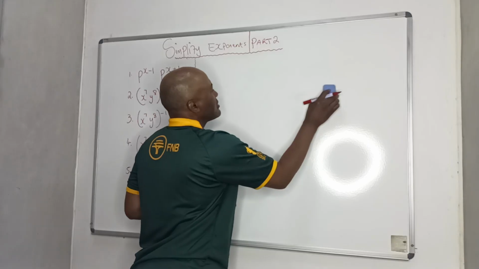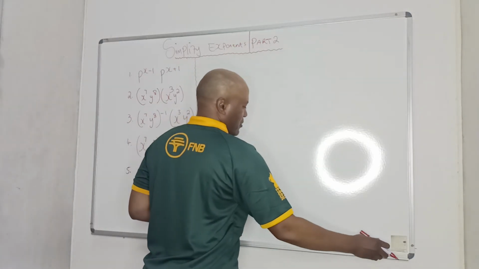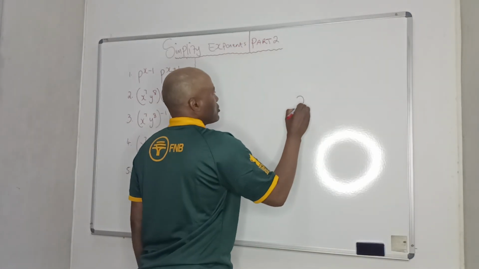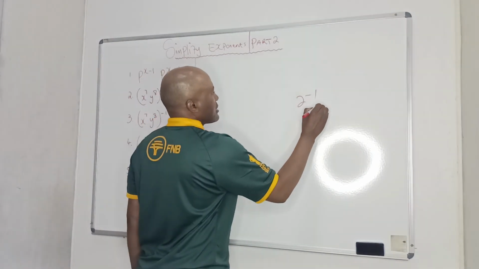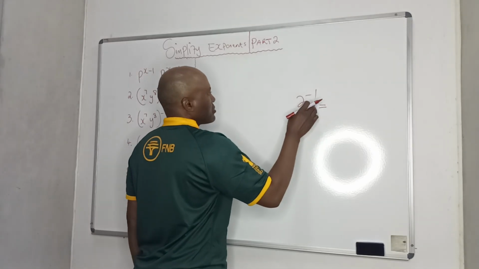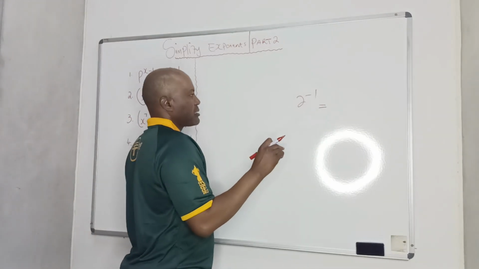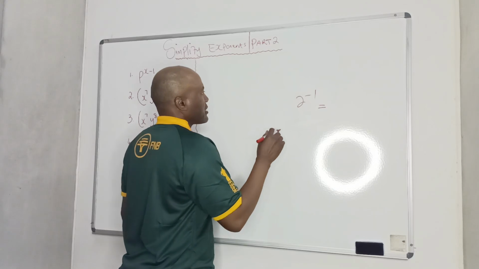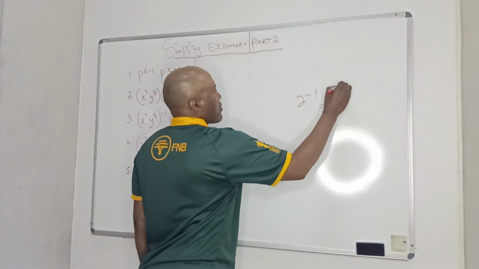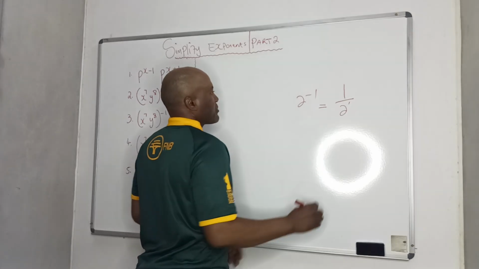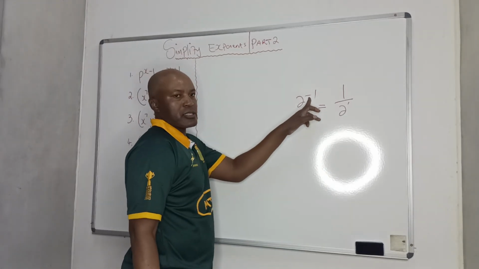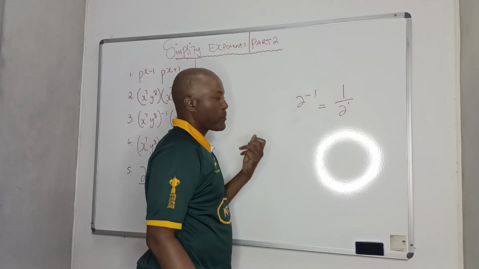And again, we've got the following. If you've got 2 raised to negative 1, if you want to write this with a positive exponent, it is going to be 1 over 2 raised to 1, because you just change the negative to positive.